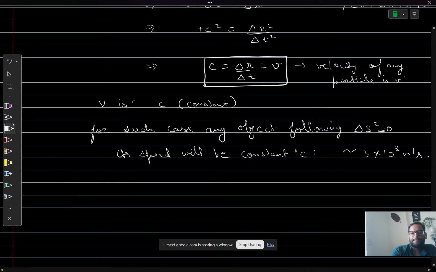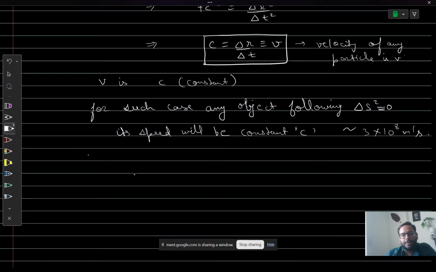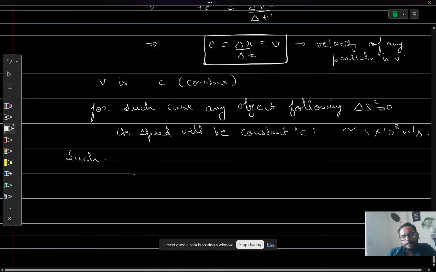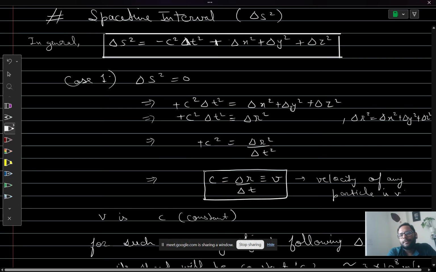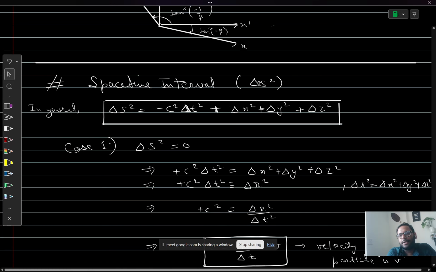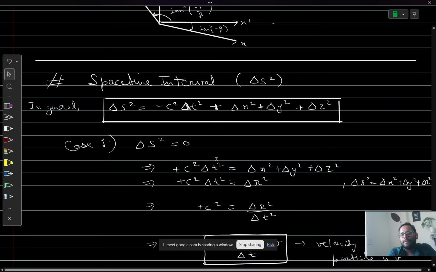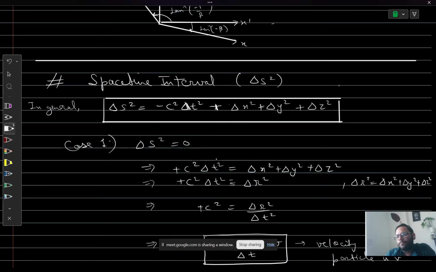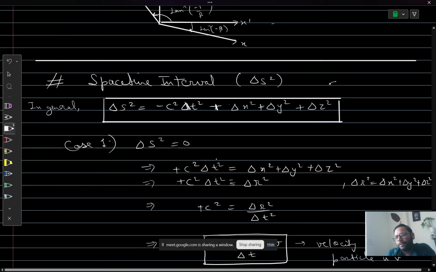And such events, this del is actually the interval between two events. If you are taking a photon, this interval is about the photon traveling from one place to another. You can call it event 1, event 2.